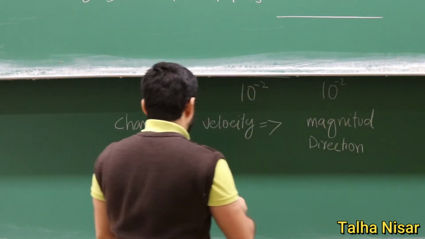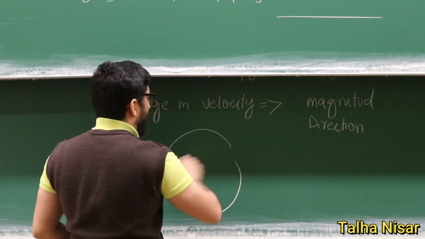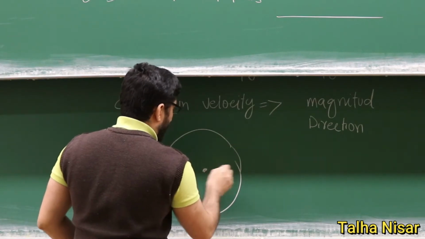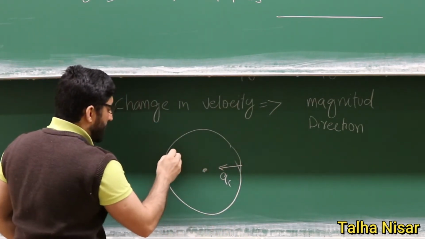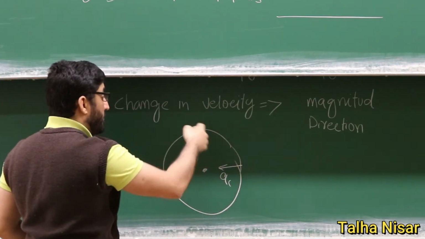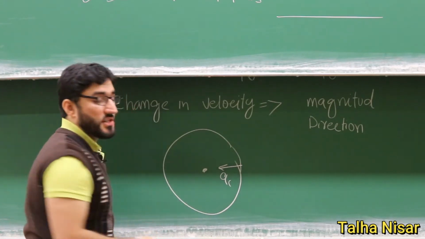That's the acceleration, for example, when something is moving in a circular path. So we will have the acceleration which will be here. The magnitude of the velocity, which means the speed of this object, is constant, it's not changing.